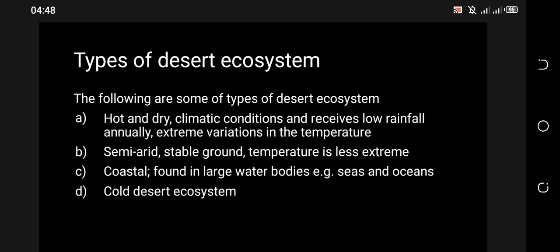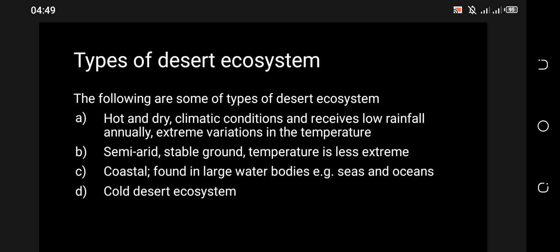Proceeding, we have the coastal ecosystem. Coastal ecosystems are found near large water bodies, for example, seas and oceans.